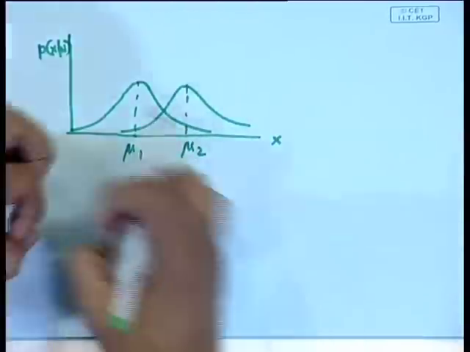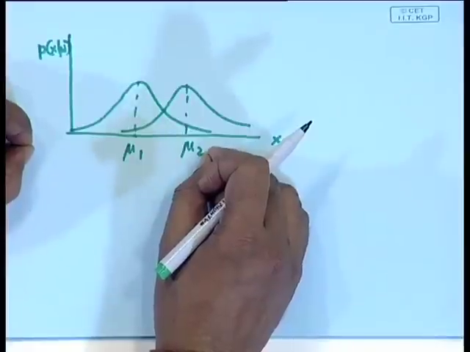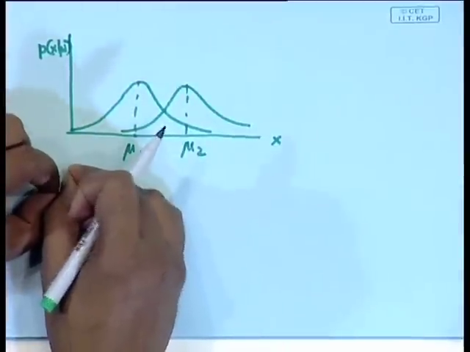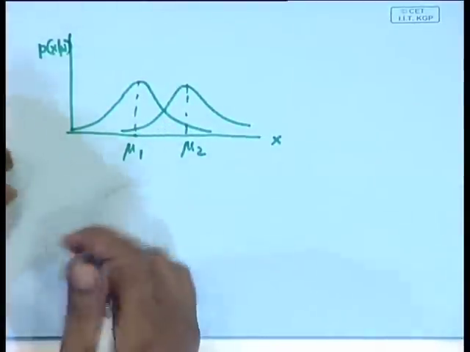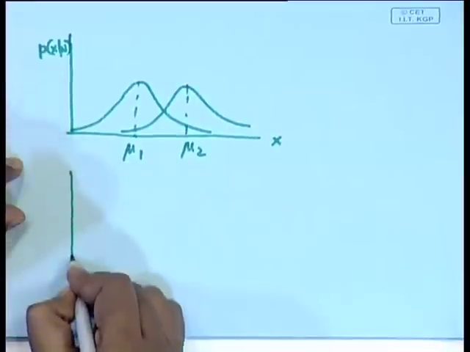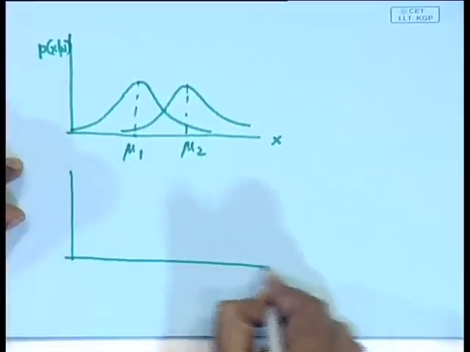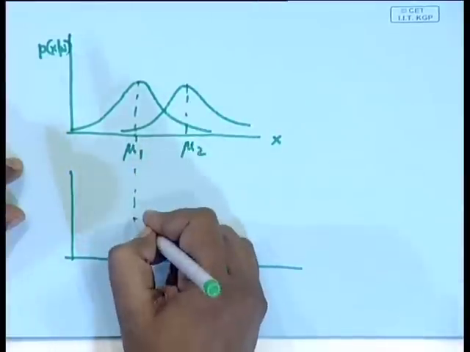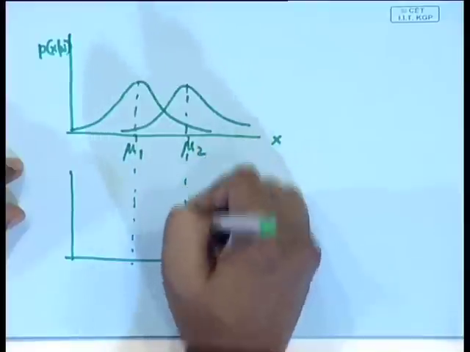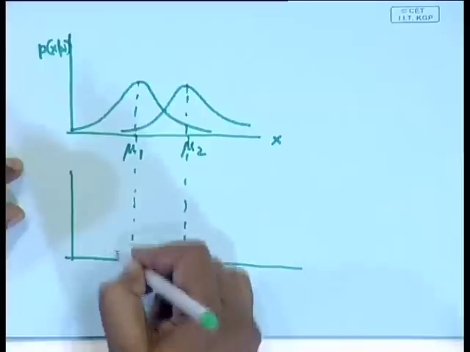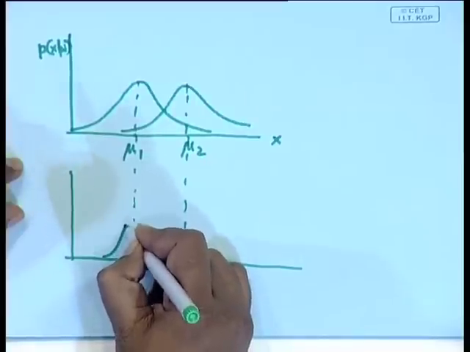We said that if we increase the distance between mu 1 and mu 2, my classification error will be less. Okay. That is one. At the same time, if I try to reduce the variance of the samples within a class, that means keeping mu 1 and mu 2 in the same location. So, this remains mu 1, this remains mu 2, but now I want to have a distribution something like this.